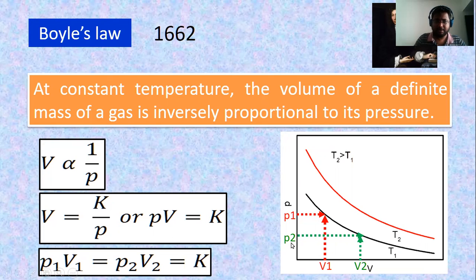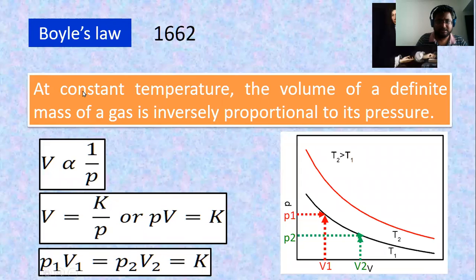What is happening? There exists a relationship between volume and pressure, and the relationship is inverse. If you increase the pressure, the volume will decrease, and if you decrease the pressure, the volume will increase. Here you can see it in the graph.